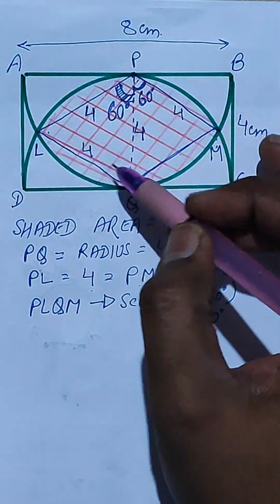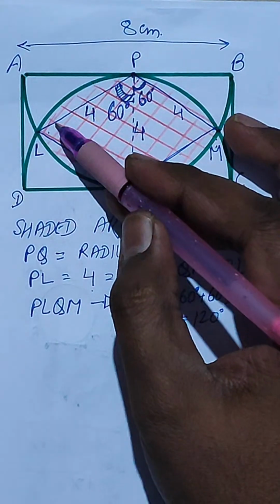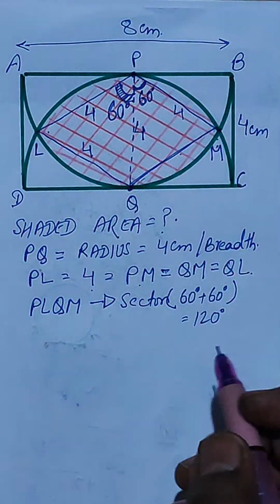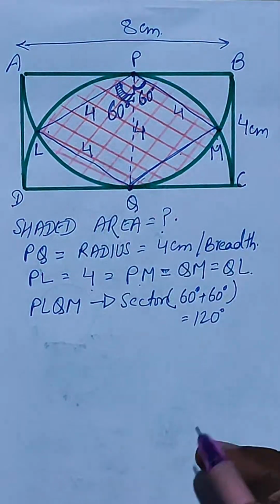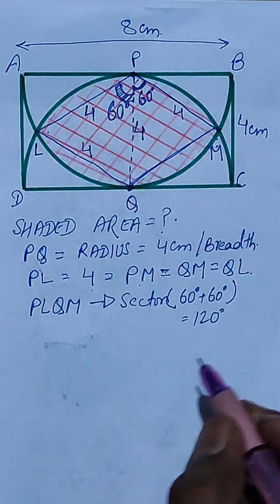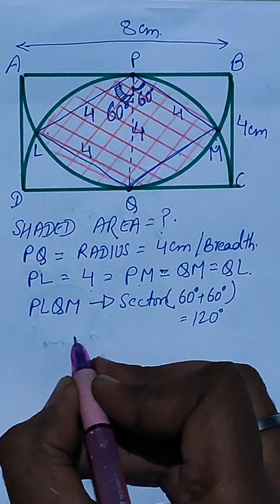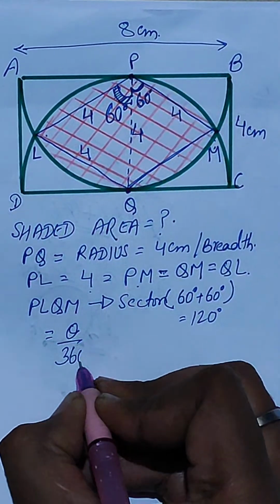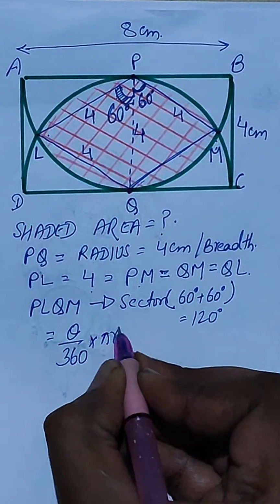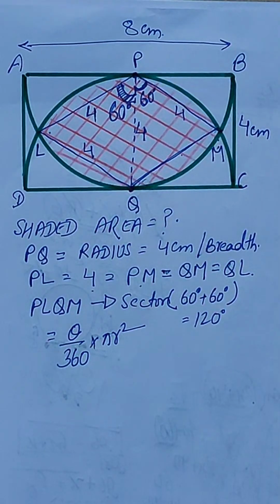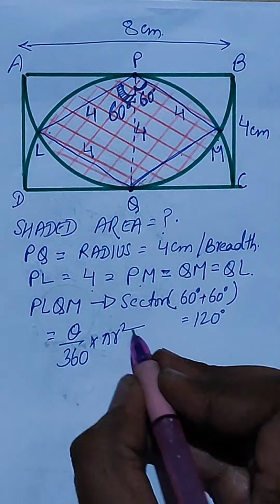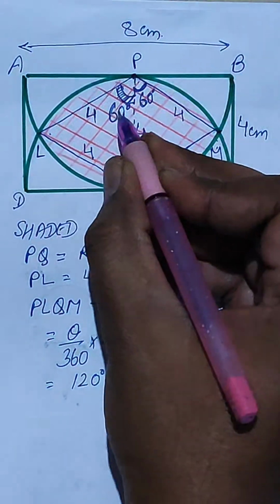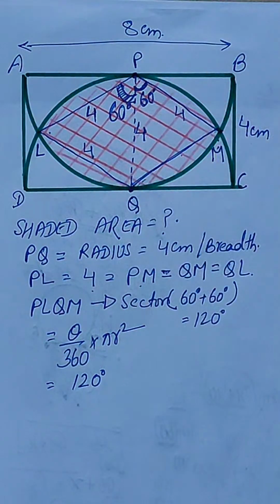Let us find out the area of the complete sector. The area of the sector will be equal to theta by 360 into pi r square, isn't it? So what is the value of theta? Theta is 120 degrees. You can see 60 plus 60 is 120 degrees.